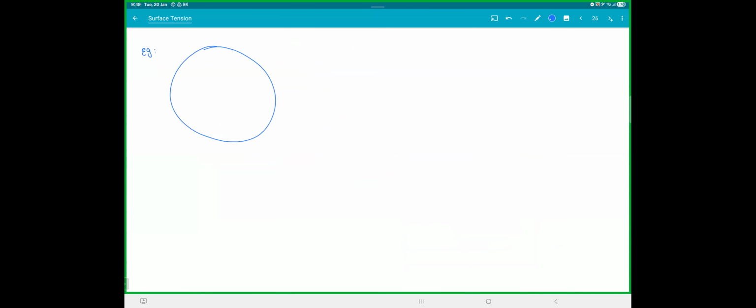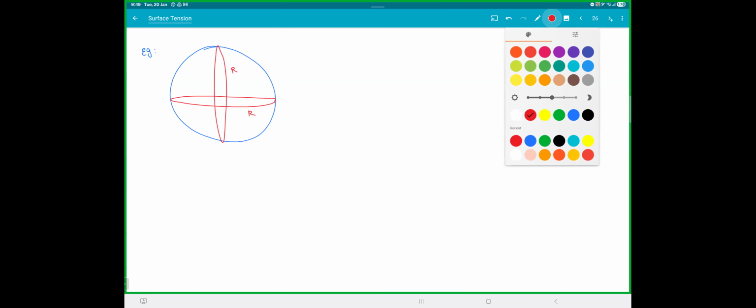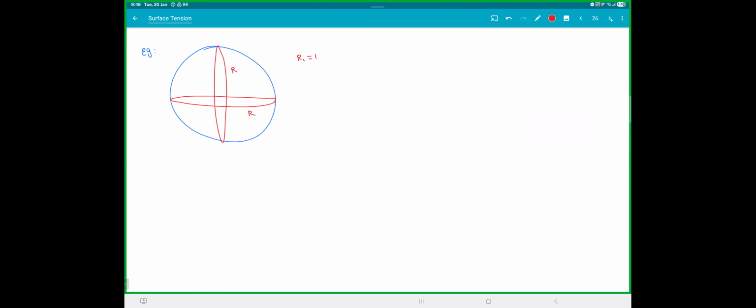So for a sphere, this is one radius of curvature. This is another radius of curvature. Can you see there are two radius of curvatures and both are R only. So here R1 is equal to R2 is equal to R. So we get delta P will be S into 1 by R plus 1 by R, 2S by R. For a soap bubble, it will be 4S by R.